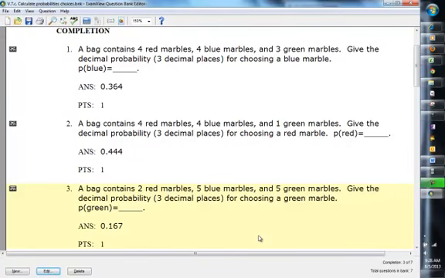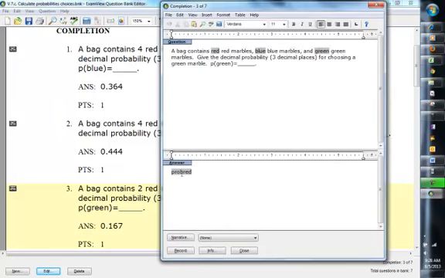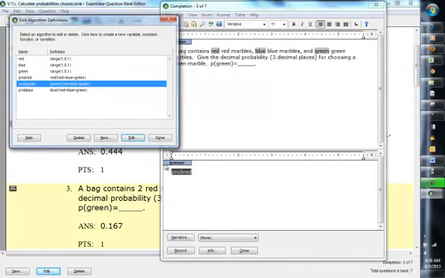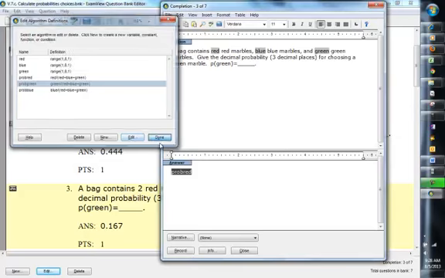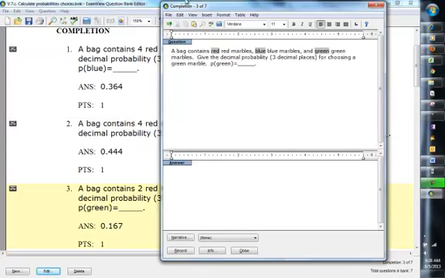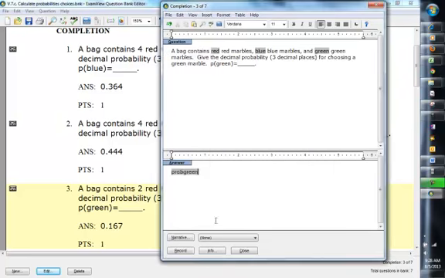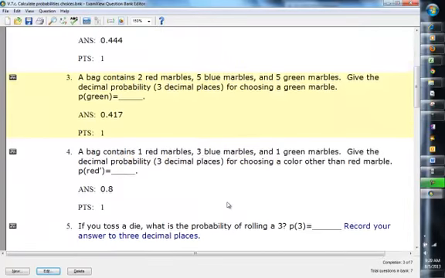Of choosing a green marble, I just had the wrong answer in there. Green. Okay, now let's look at the next one.